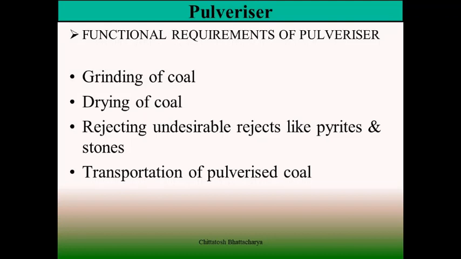The basic functions served by pulverizers are grinding of coal to the fine micronized size, then drying of coal, rejecting undesirable rejects, non-coal particles like pyrites and stones out of the pulverizer, and transporting the pulverized coal after due classification as per size, and sending it to coal burners for firing in the furnace.